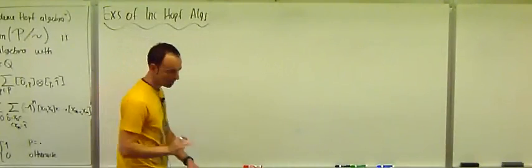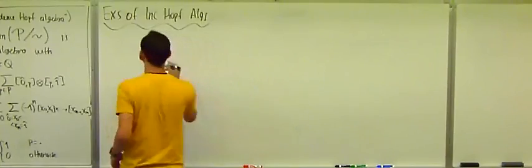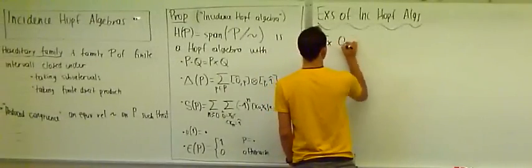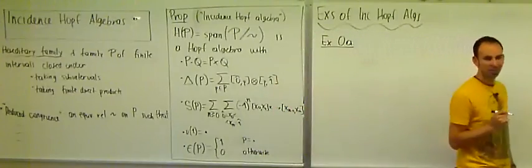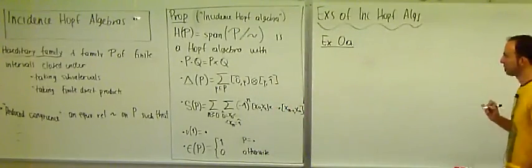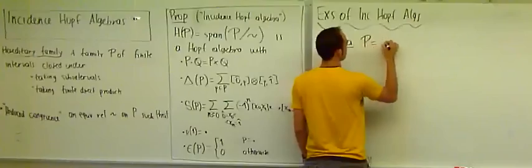So first, let me just get two very silly examples out of the way. Example 0a. I'm going to do two pretty silly examples. One, P is all finite posets.